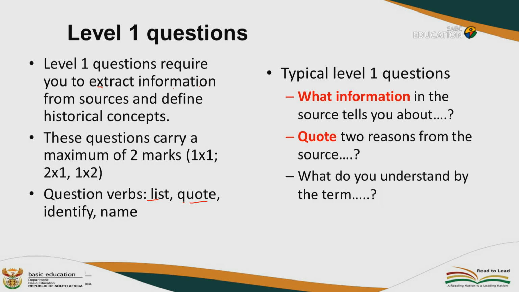A question may say, what do you understand by the term Black consciousness? So these are the typical questions that you must expect every time you answer the level 1 questions in your source-based. So in the source, you have this 15 marks that is given to you.